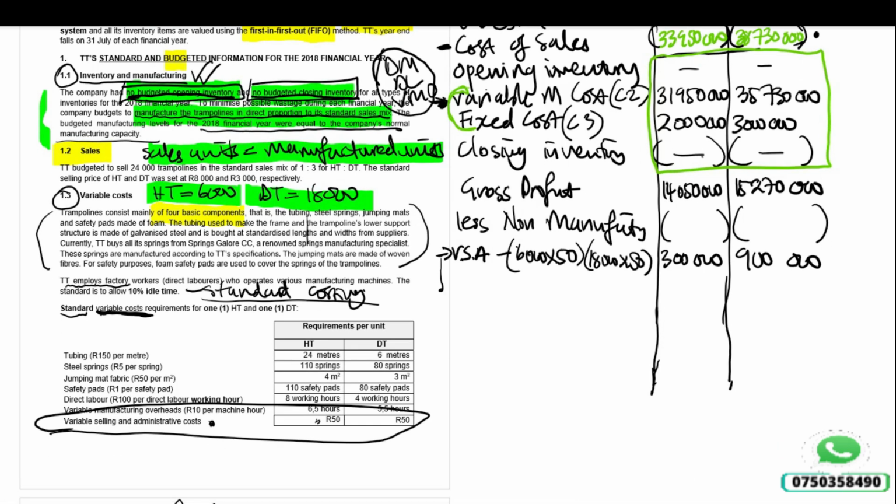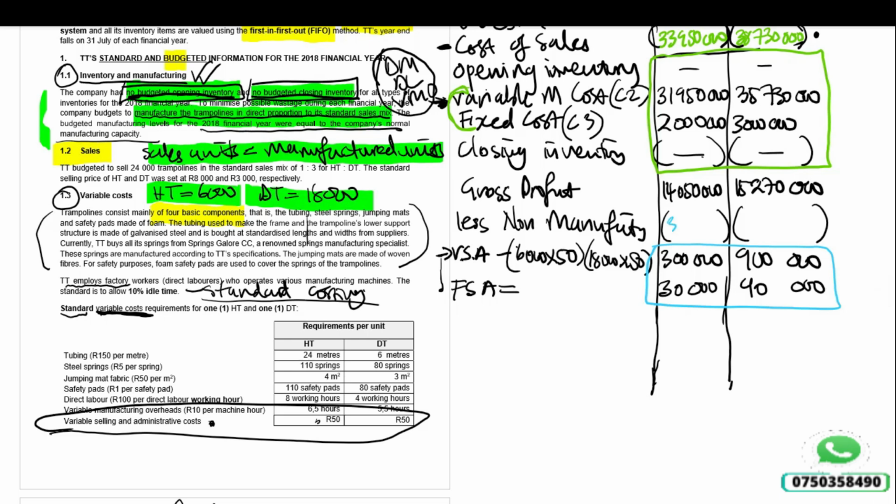Now I need the fixed selling and admin cost, which we've already calculated as 30,000 and 90,000. This is what comprises my non-manufacturing cost.